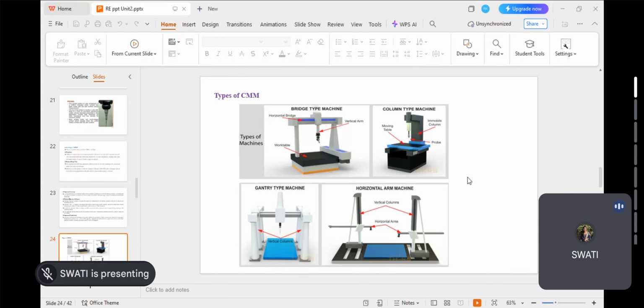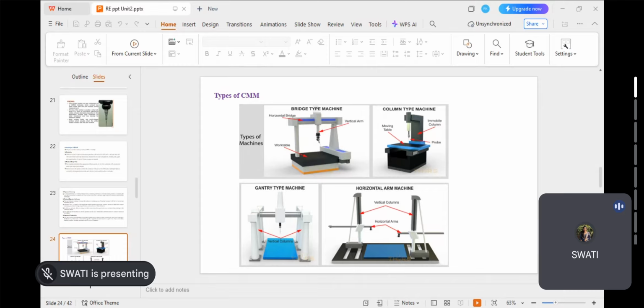The open structure of this arrangement provides optimum accessibility for large objects such as dies, molds, and car bodies. So you can keep your car body over here on the platform, and then you can easily measure the cloud points by moving this horizontal arm.